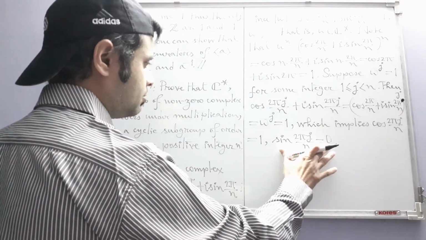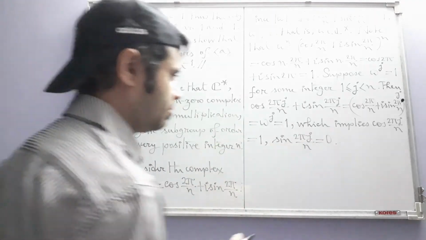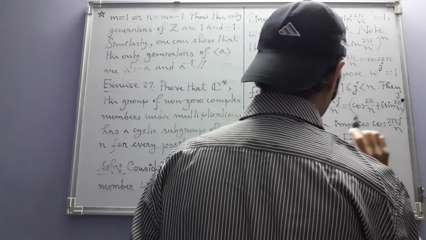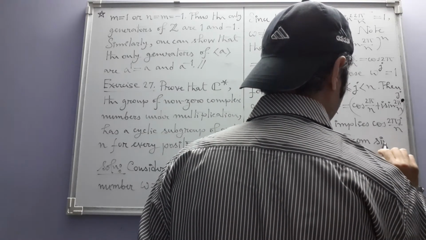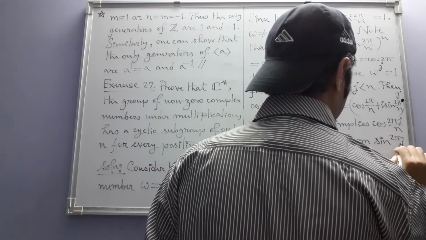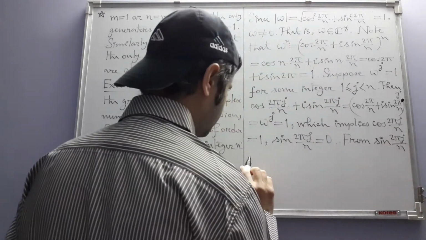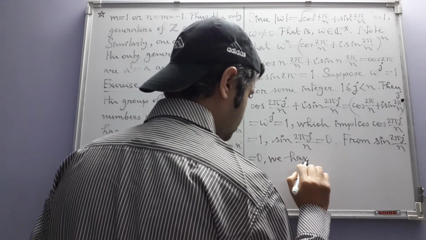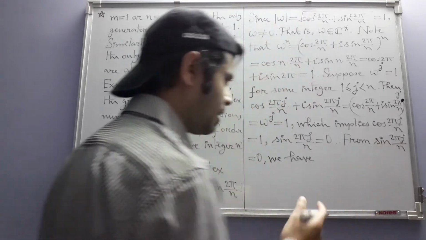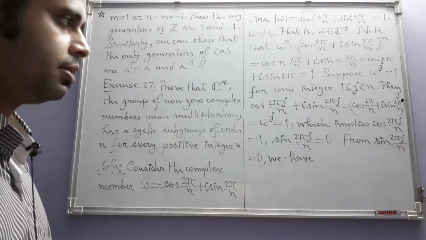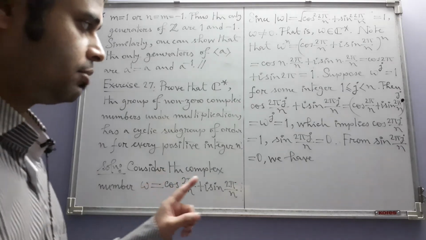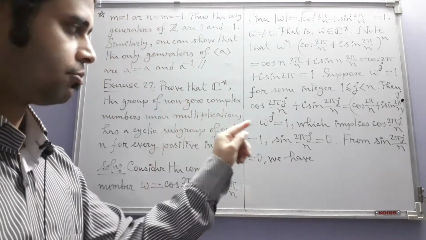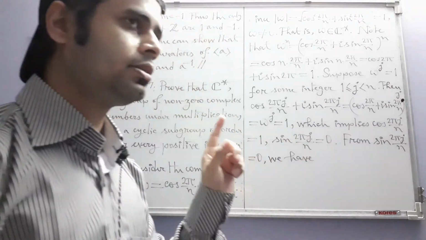It's easier to use this equation from sine 2 pi j divided by n equal to 0. When sine of some real number is 0, you have to understand that if we are not using any unit for the angle, then the angle is in radian.